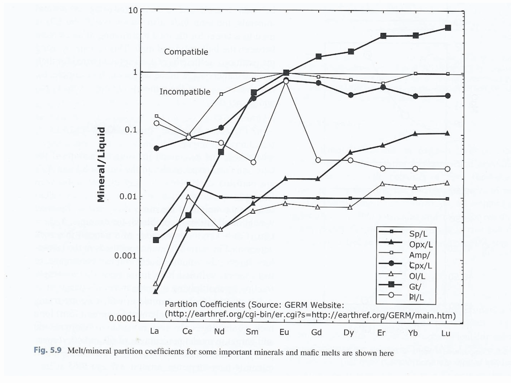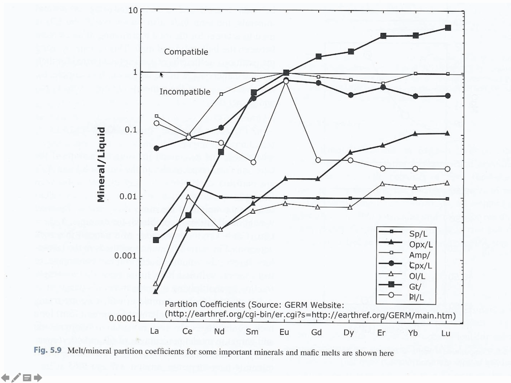They are listed from left to right regarding their incompatibility, but I am sure you have already heard about it in your geochemistry class. Here we have numbers ranging between 10 and 0.0001.